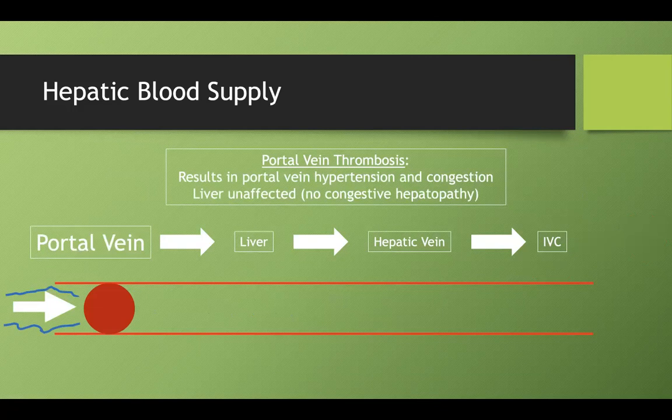There's no congestive hepatopathy. So again, that's another differentiating factor if they ask you on a question stem, basically saying that somebody's got all these problems. Maybe they have ascites and portal hypertension, and you're trying to figure out what's going on, and you realize their liver is completely normal. I want you to at least consider portal vein thrombosis as a potential cause.